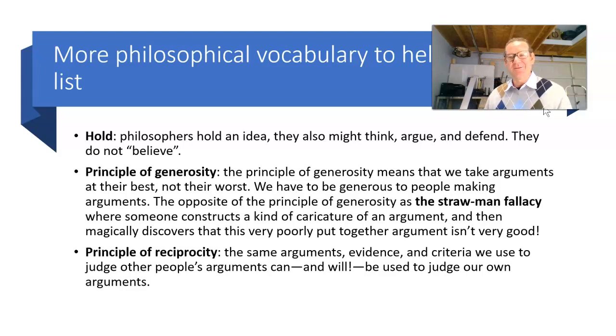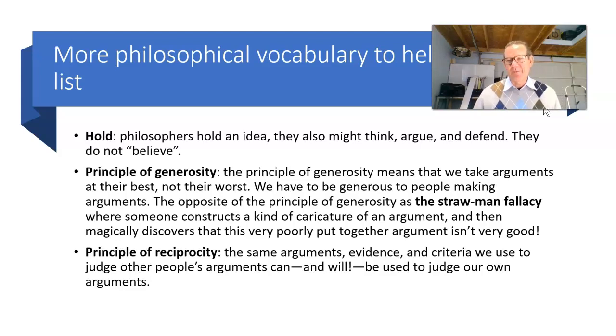Principle of generosity. This is a key one that is really important in political theory. The principle of generosity means we take arguments at their best version, not at their worst. This is why we try to fix things, why we're very nice and kind, and we construct arguments in their strongest form, not their weakest form.